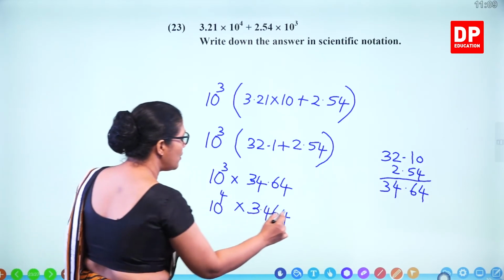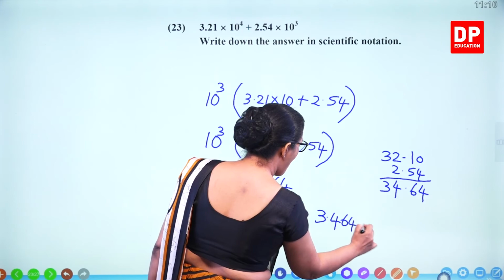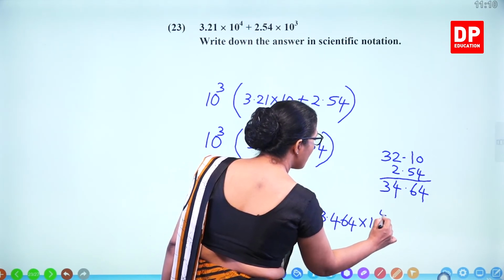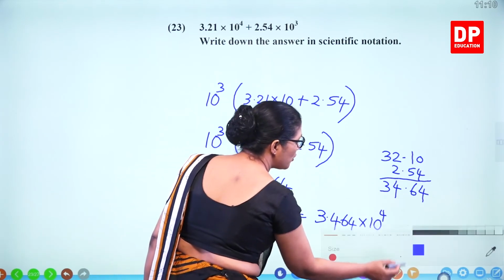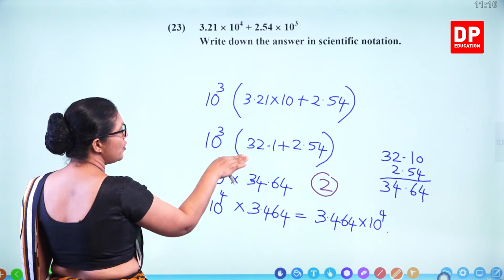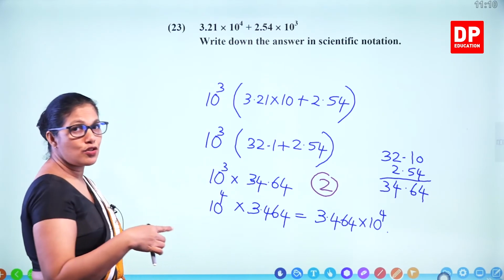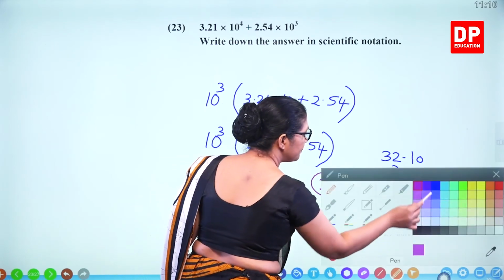So what's the value in scientific notation? 3.464 multiplied by 10 to the power 4. So you get 2 marks. Up to this point you get 1 mark, and converting to scientific notation you get another mark.